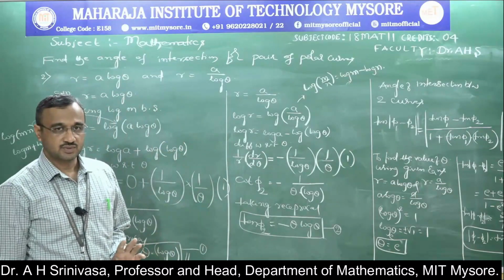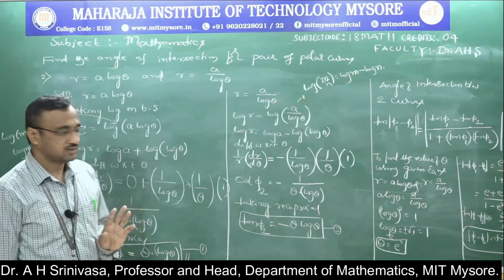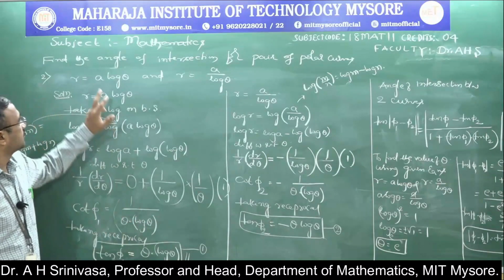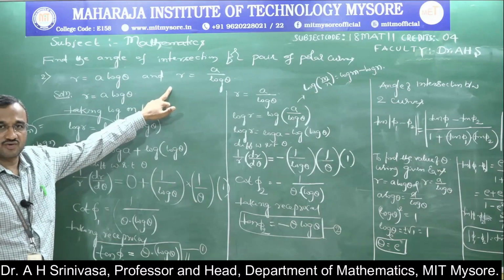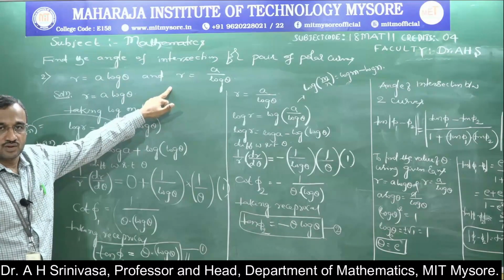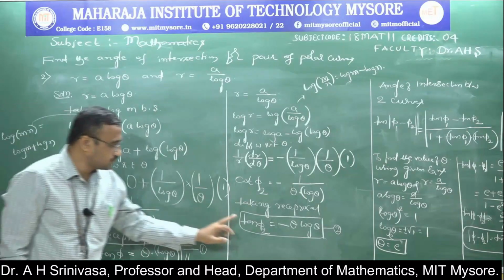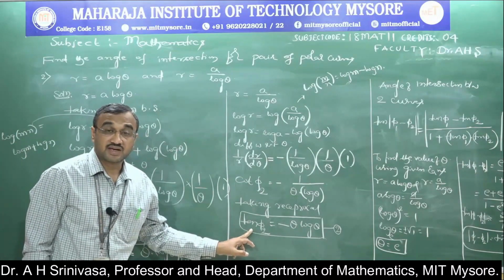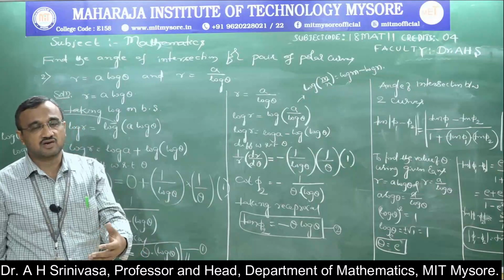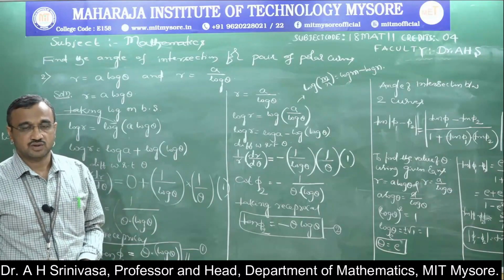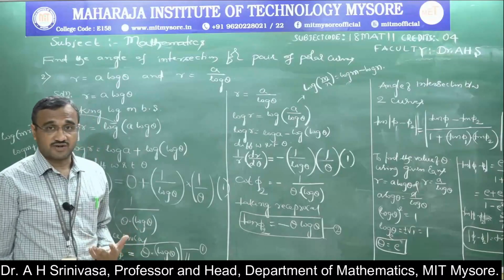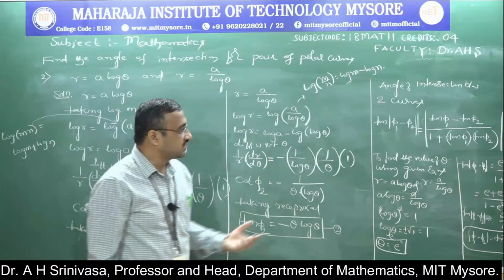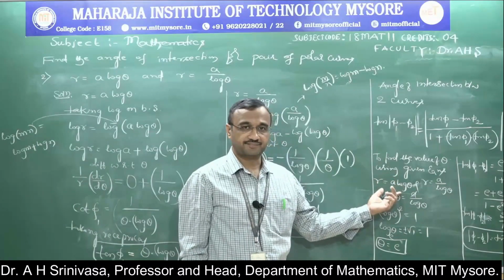Understand this method? I explain again. As usual, you have to take these two curves and extract the values of phi 1 and phi 2. But in these two curves, we cannot extract the values of phi 1 and phi 2 directly. If you want to extract those two values, you have to equate the given equations in this form.